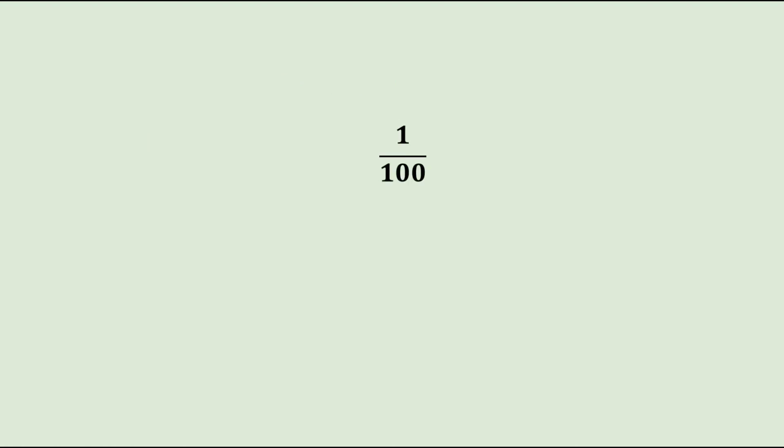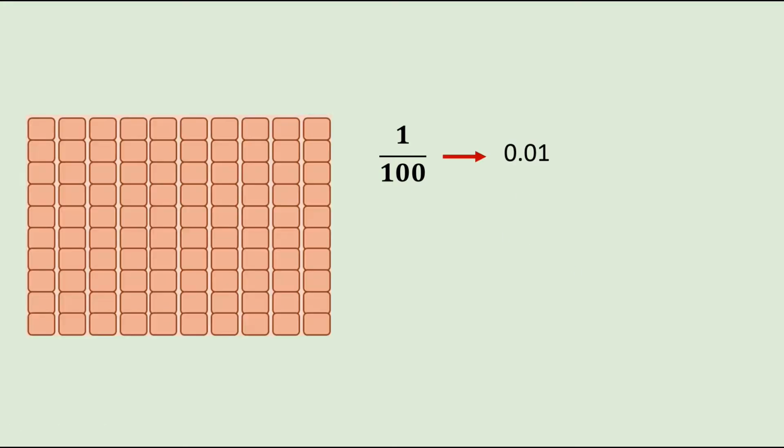What about if we have one digit over 100? Because it is a hundredth, we have to move 2 places after the decimal point to put our number in. Yeah, because it's 1 part out of 100 parts. This is the tenths and this is the hundredths, and this is 1 over 100.